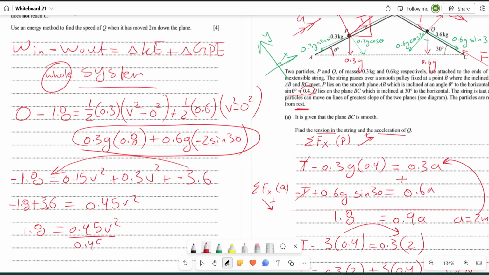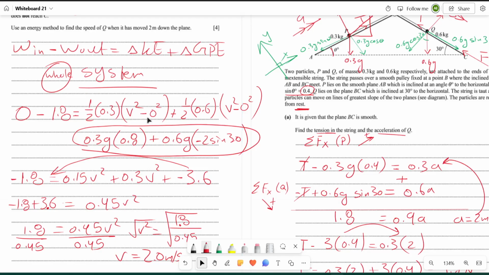Divide both sides by 0.45. V squared is equal to 1.8 over 0.45, and I'm going to square root both sides to get V as the square root of 1.8 over 0.45. That's going to give me a final answer of 2.0 meters per second.